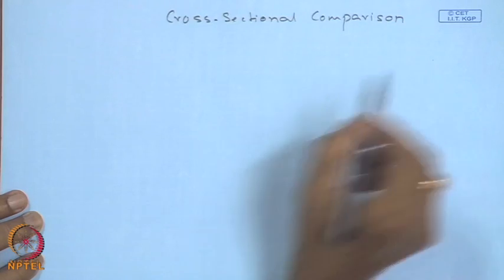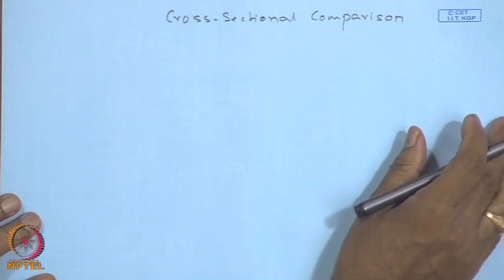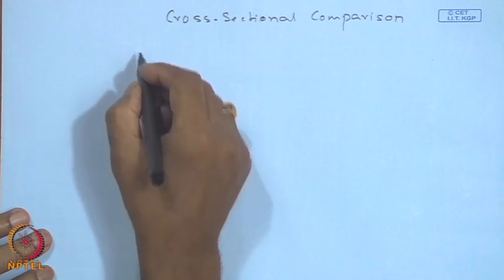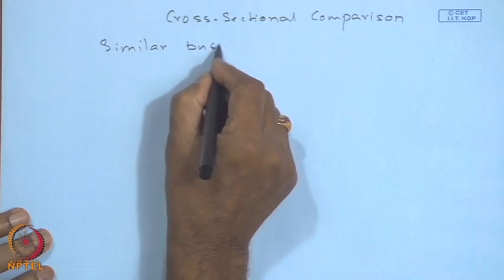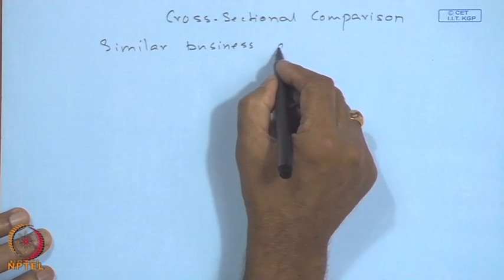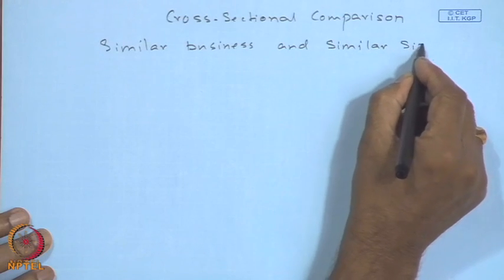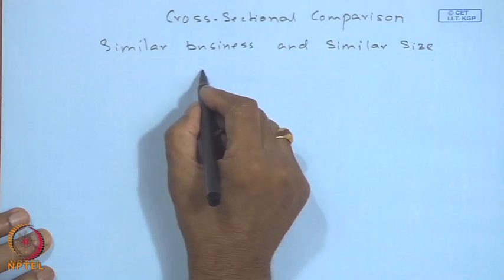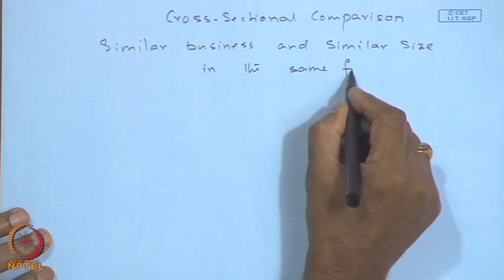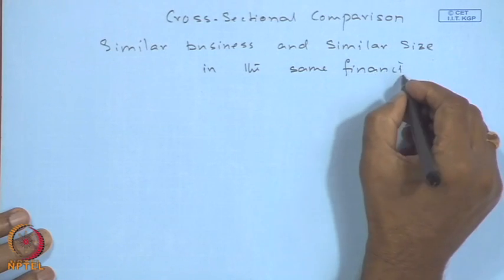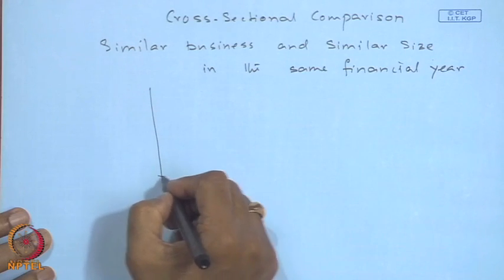In the cross sectional comparison, what is done is that companies with similar business and similar size, in the same financial year, the values are plotted.